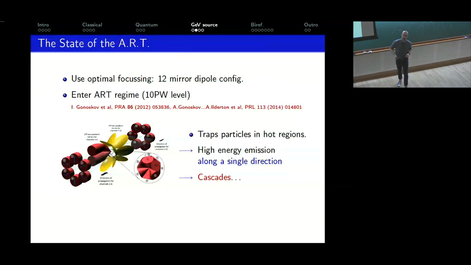If you can do this with a total power of 10 petawatts, then you enter the regime of ART, anomalous radiative trapping. What that means is we've got focused laser pulses with very high field strengths in the focus, and we're in the regime where particles are trapped around the peaks of the electric field. So they're very energetic particles oscillating back and forth along the peak of the electric field.